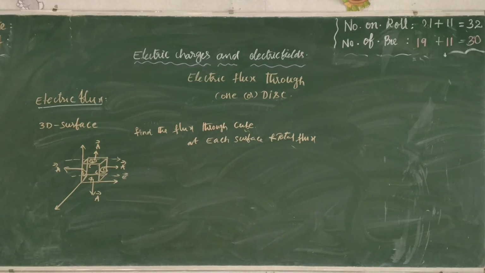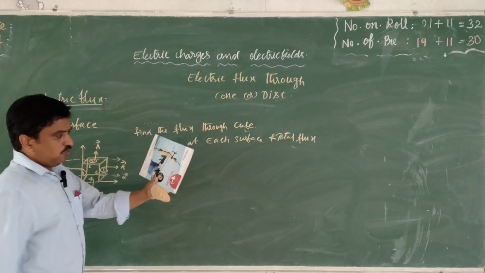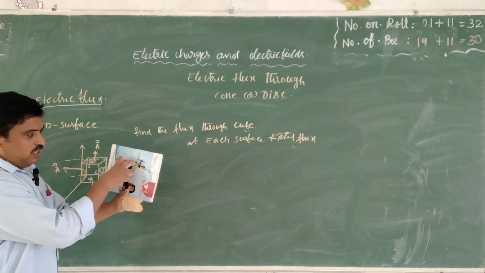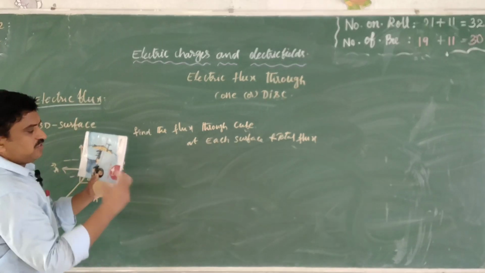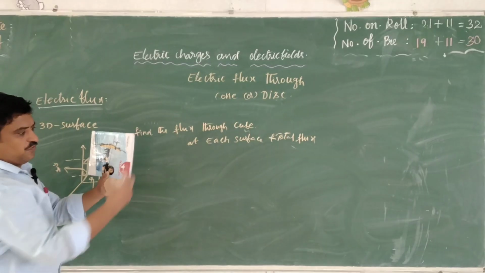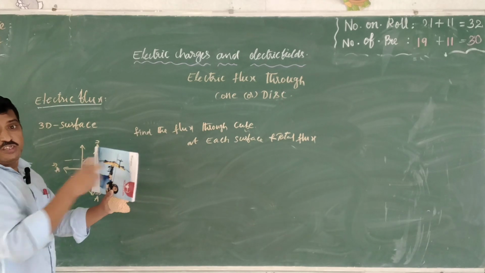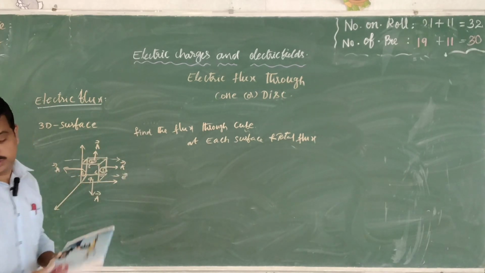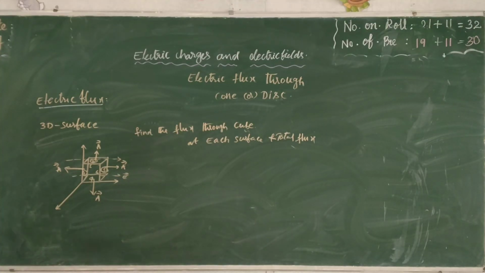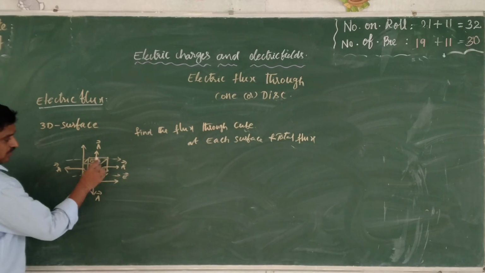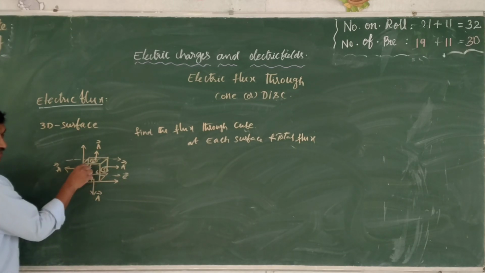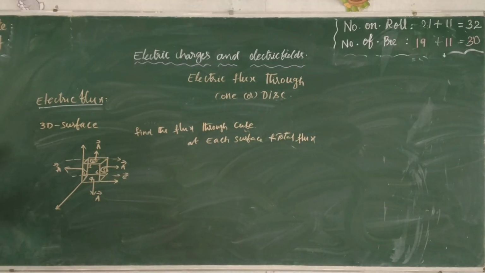For example, this book: all sides are the same. It is one surface, second, third, fourth, fifth and sixth. How many surfaces are there? Six surfaces: first, second, third, fourth, inside fifth, outside sixth.